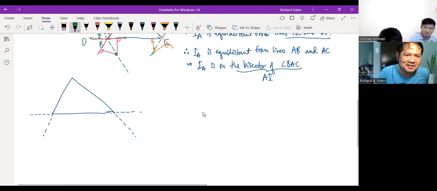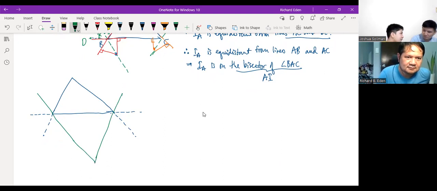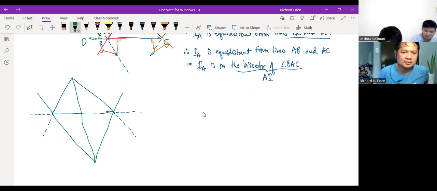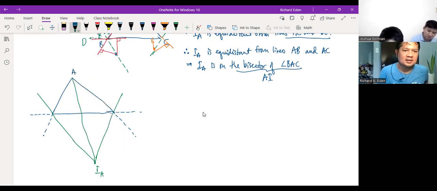So this one is the external. Okay, so we call this I sub A, and then A, B, C, and then here is I, the incenter.